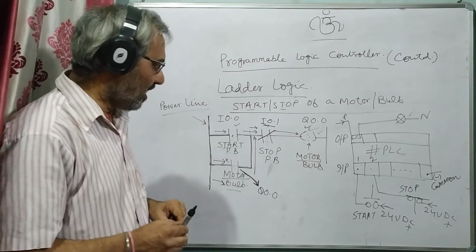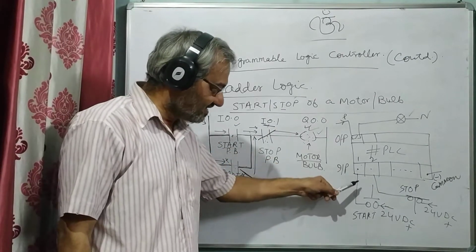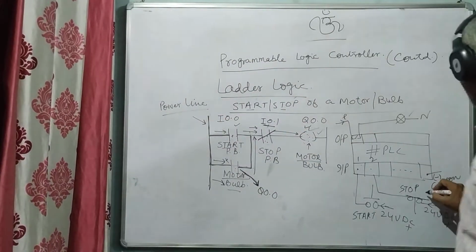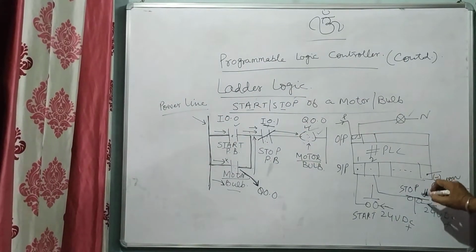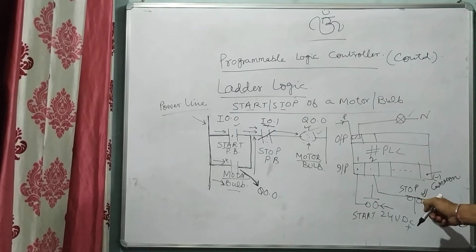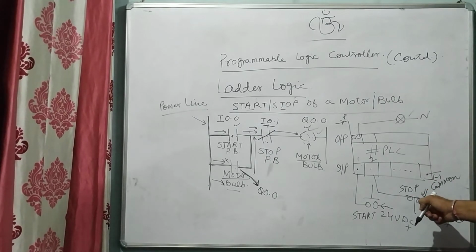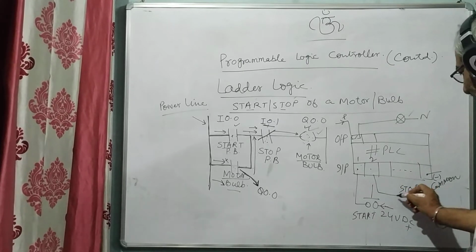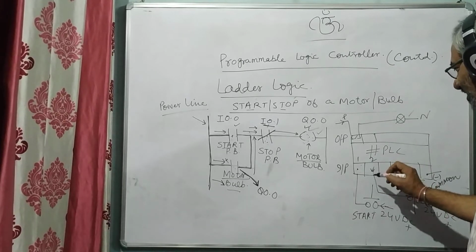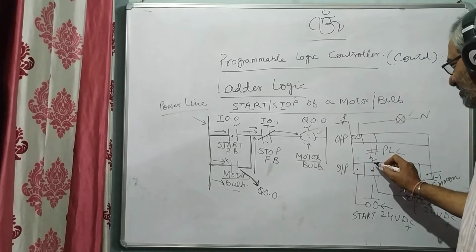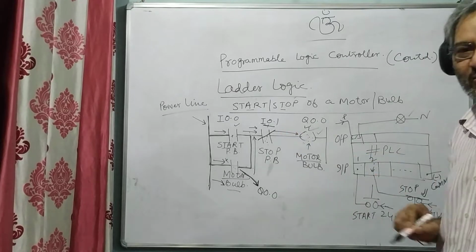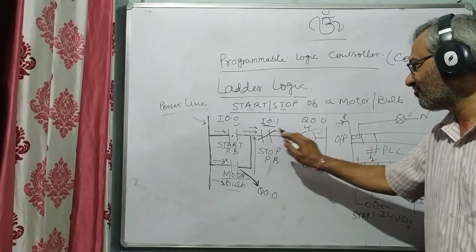Now see how to connect this in physical state in the PLC. If I am using this stop push button in NC position in the physical state, then initially this is sensing high, I 0.1, second input, this will sense high, and here it will be low, so power will never flow.